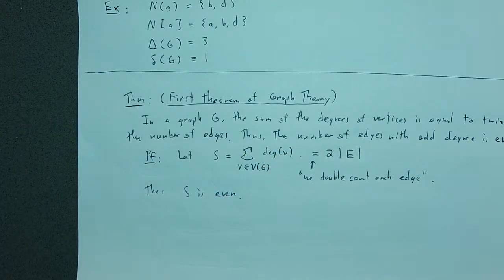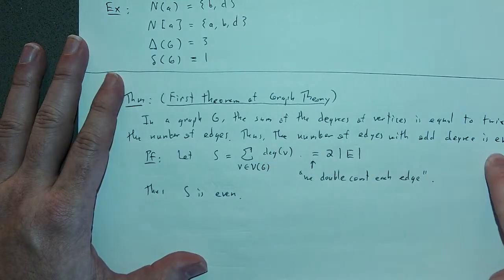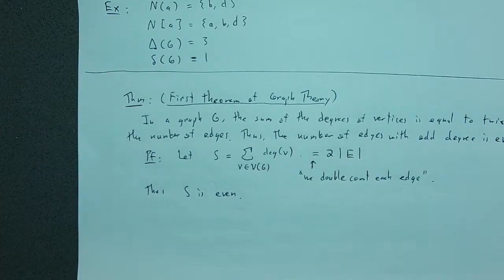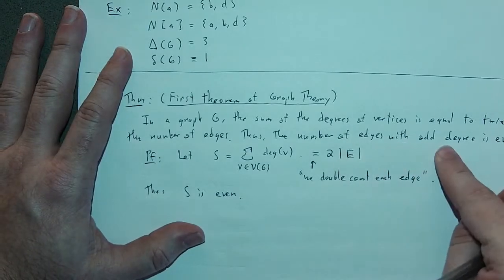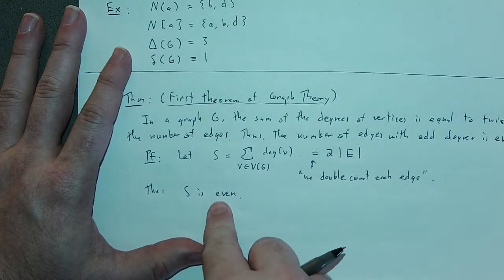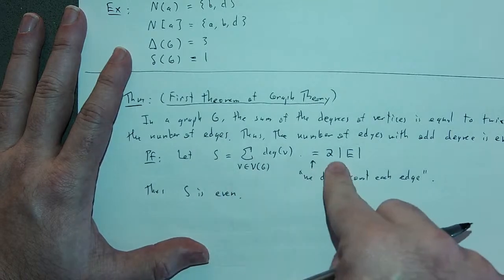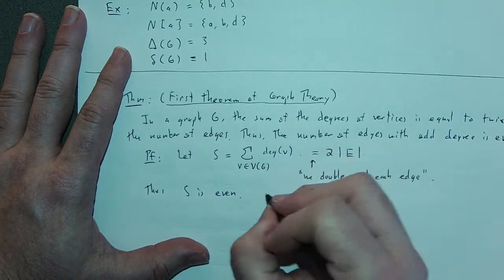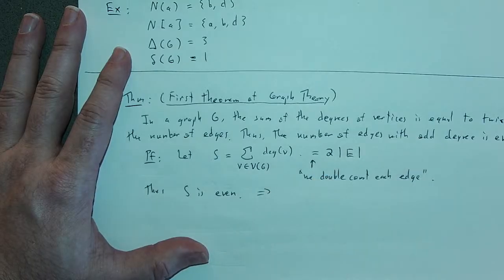That is, the sum of the degrees is even. So then this second thing, the number of vertices with odd degree is even, that follows because if the number of vertices with odd degree was odd, S would be odd. But it's not, it's even. So this implies that the number of vertices with odd degree is even.